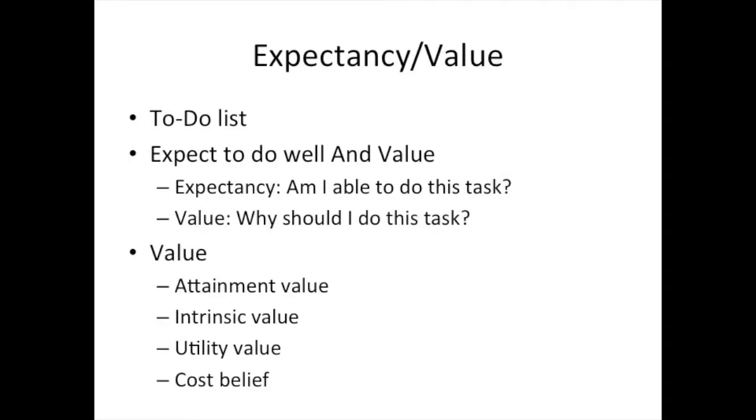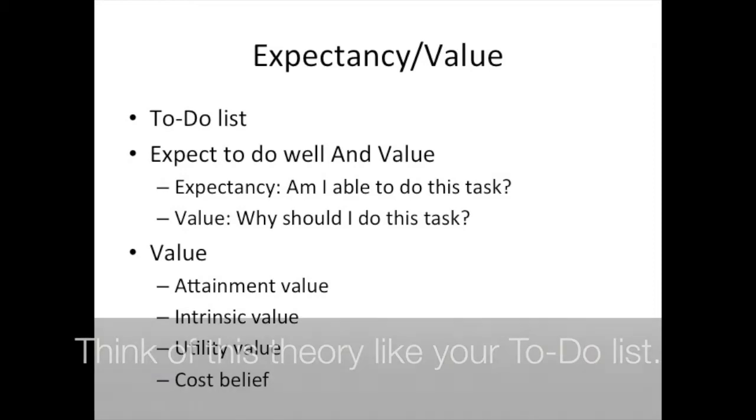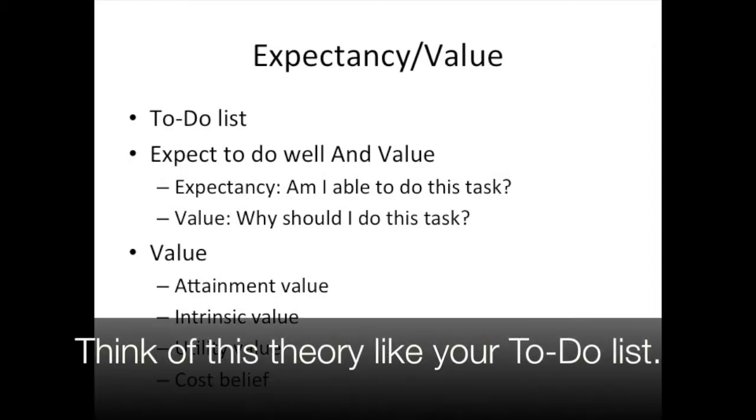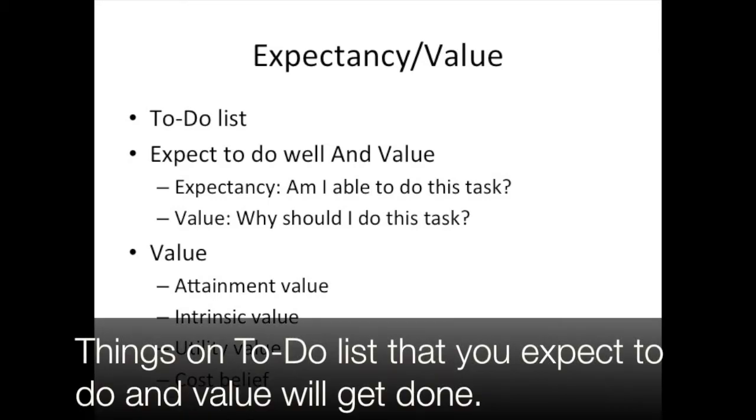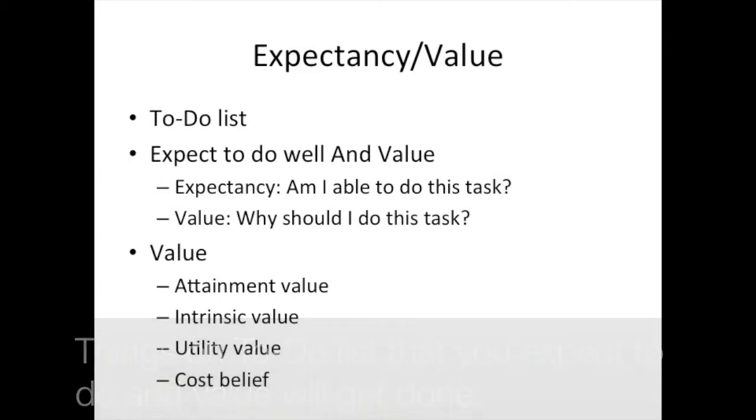The next theory is expectancy value theory. And you can think of expectancy value like your to-do list. So on a to-do list, you have things that you need to get done. If you went through and looked at it, you would have things that you expect to do or expect to do well, and things that you value or that you know need to be done for a purpose.